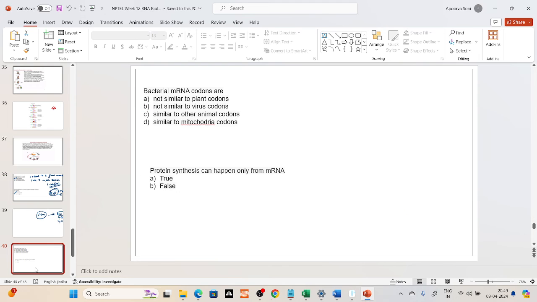Next question is, bacterial mRNA codons are not similar to the plant codons, not similar to the virus codon, similar to other animal codons, similar to mitochondrial codons. Try to attempt this.